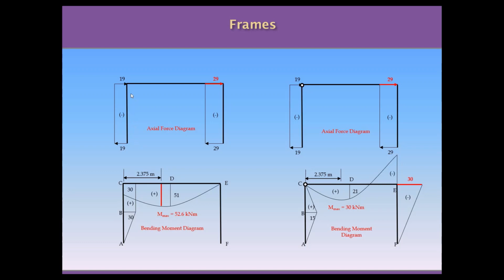So in the first case, you have in the first column a combination of moments and axial forces, but in the second column you have only axial forces for the simple supported frame. For the three-pin frame, you have combined stress in both columns, but the worst conditions in terms of combination of internal forces is the compression of 29 kilonewtons plus the moment of 30 kilonewton meters on the column EF.